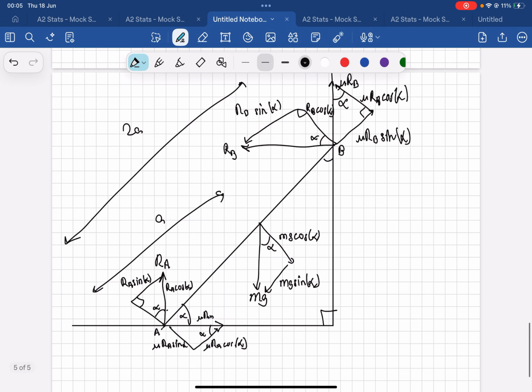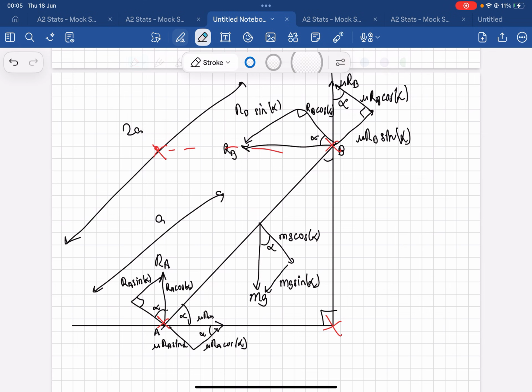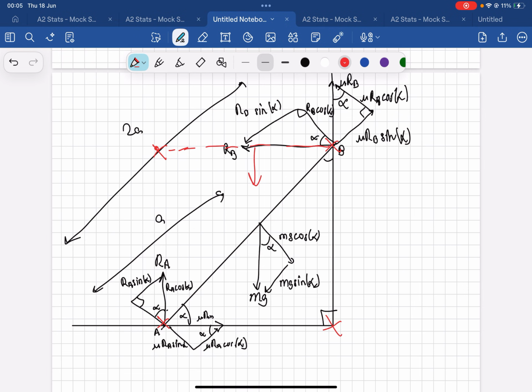find values of forces. With this diagram, we like to take moments, so we can take moments about any of these 4 points. Now, if we were to take moments about here, know that our weight will be acting like this, if that makes sense.